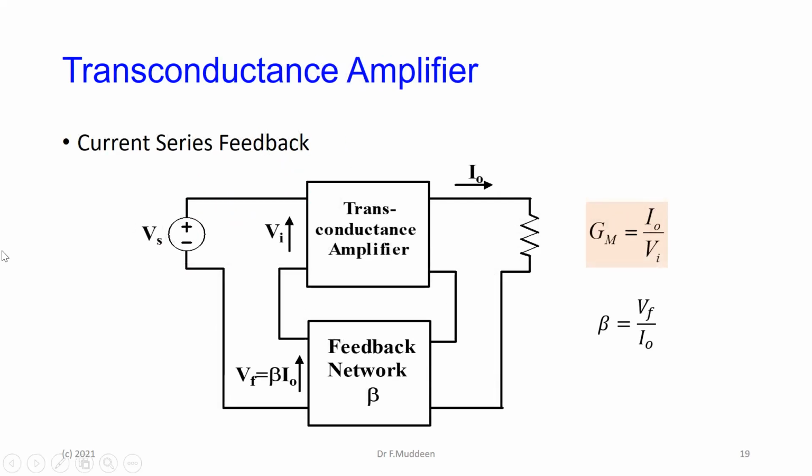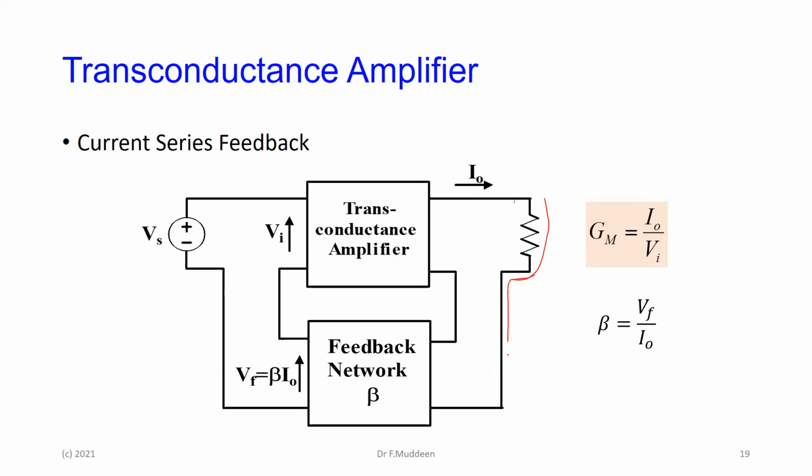The transconductance, we have to sense current. The only way to sense current is to put it in series with the load. You have to break the line, you're not going across the load here.